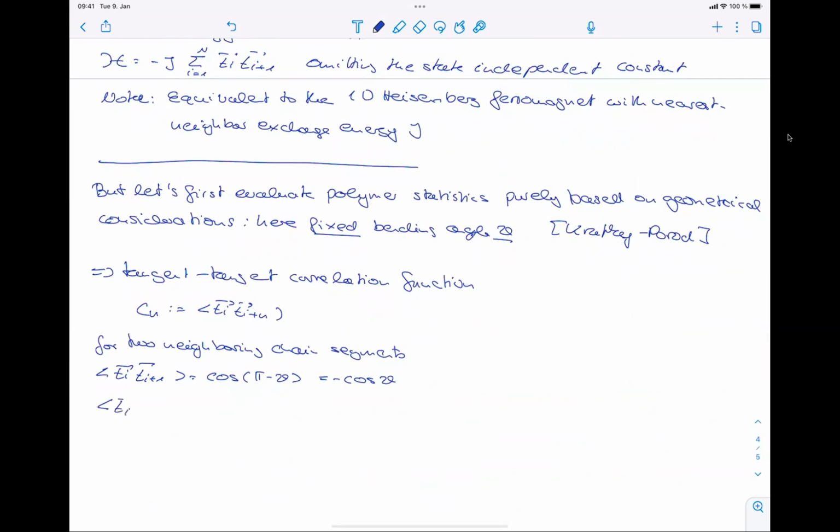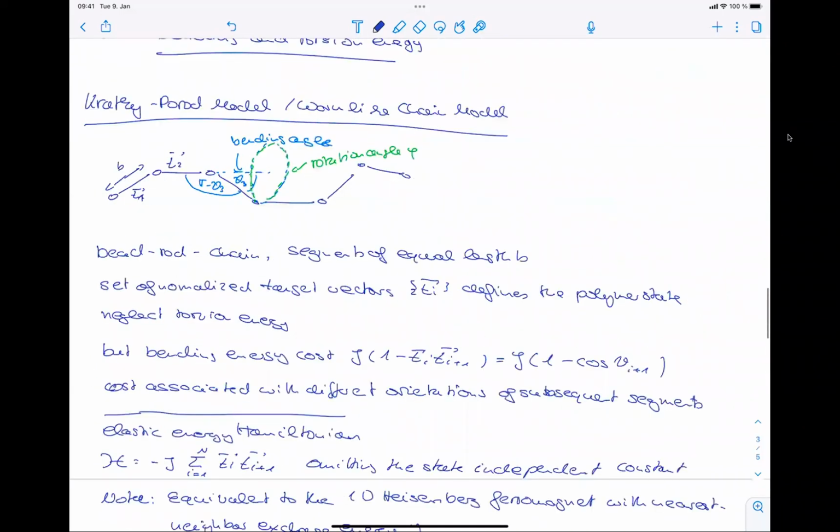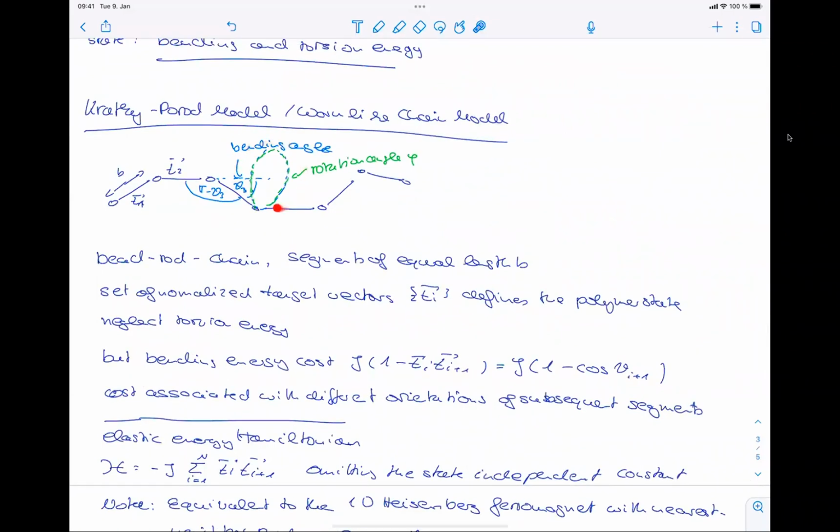Also, just to note, because we're going to use it, if I consider the perpendicular component, the component perpendicular to I plus 1, then because my rotation angle is uniformly distributed between 0 and 2 pi, the perpendicular component of this bond vector takes in opposite values if I take the statistical average, which cancel out.